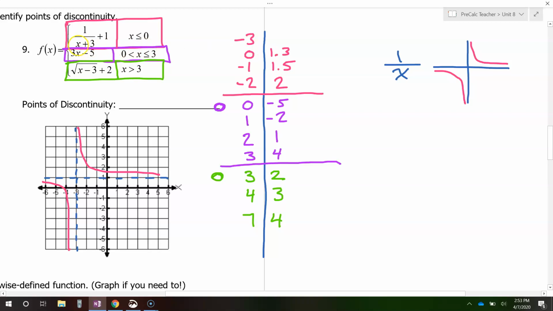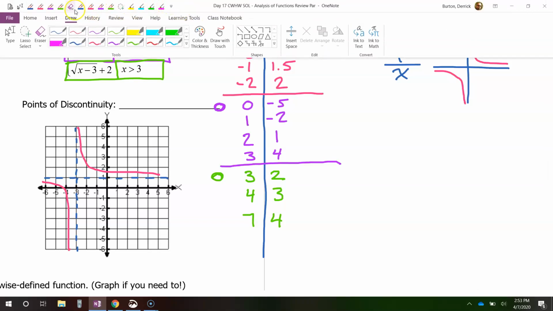So you would put -3 here. -3 plus 3 is 0. That's 1 divided by 0. That's undefined. So that would be undefined. And that would just remind you that there's an asymptote right here. So that would leave you still needing another value. So let's do -4, for example. That's going to bug me.